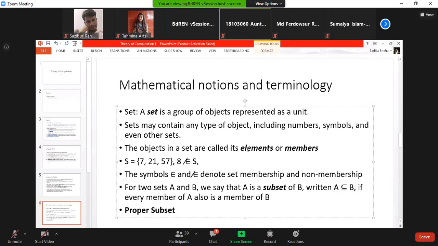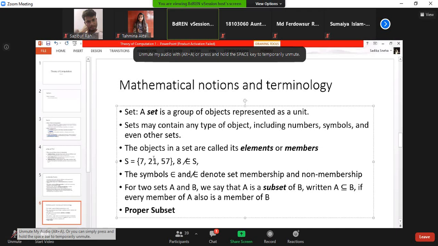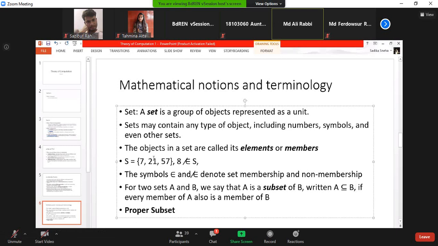Okay, now tell me, what can be a subset of S? Any subset given, 7, 21, 57, can be a subset of S. And every individual element will also be a subset. 7 individually will be a subset, 21 will also be a subset, and as it says, it can be equal.